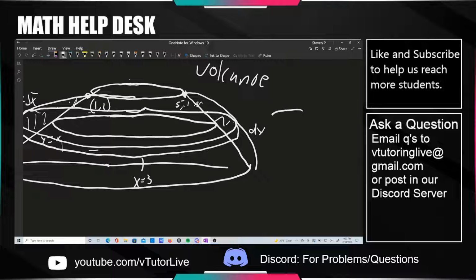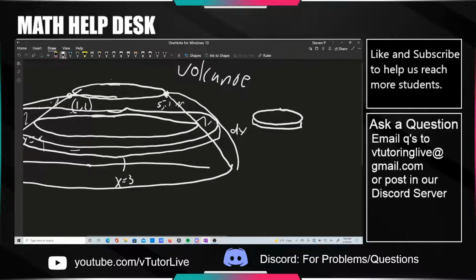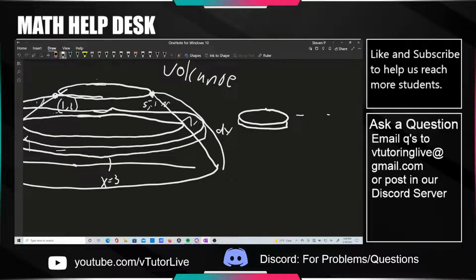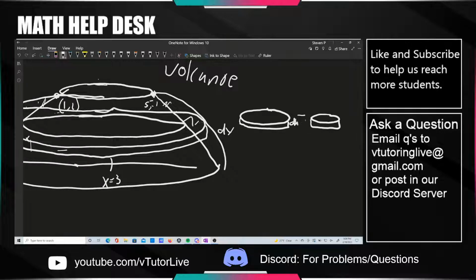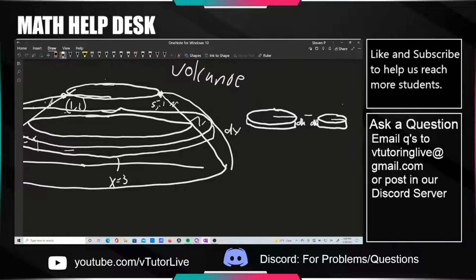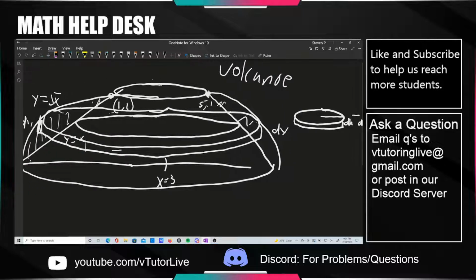It's sort of like a wider but infinitesimally thin cylinder, subtracting out a slightly smaller cylinder. They both have the same height, but one has a larger radius than the other. It's like hollowing out its center. That's essentially what a washer is, right? A circle subtracting out another circle.